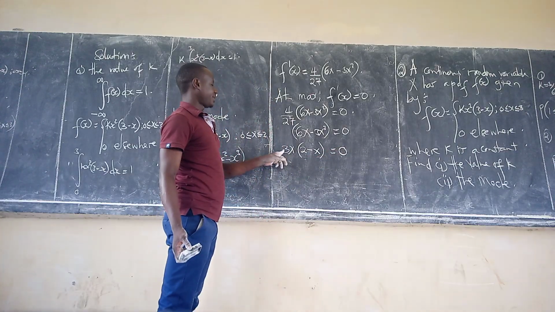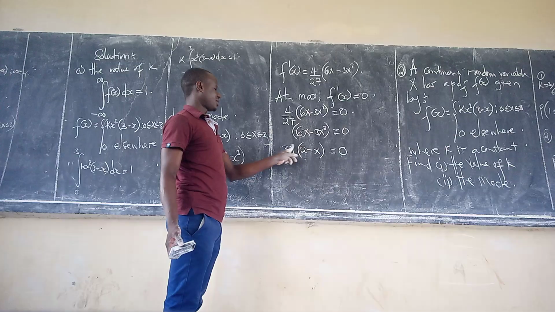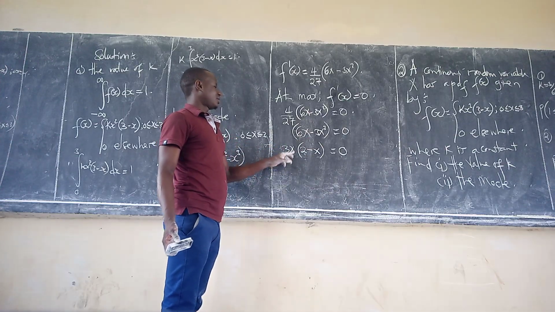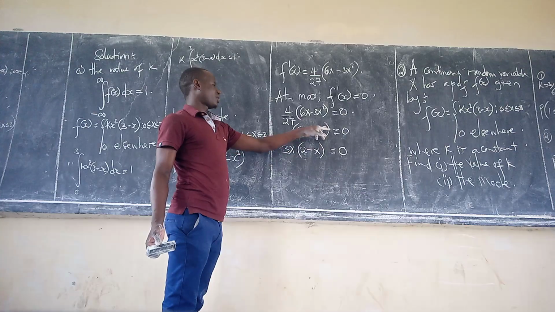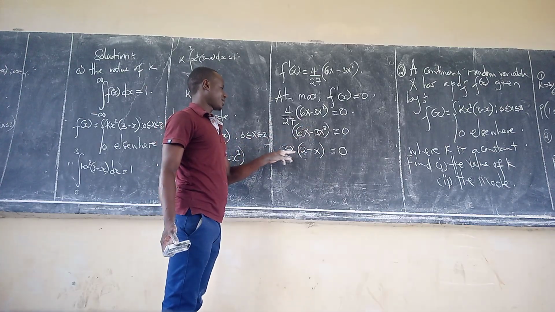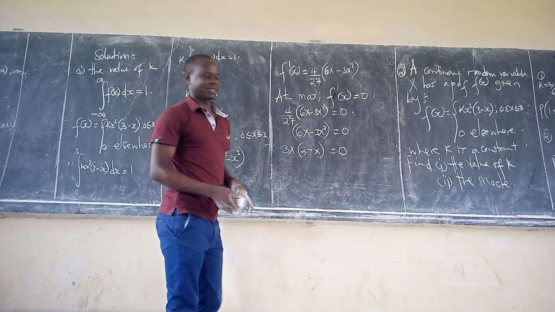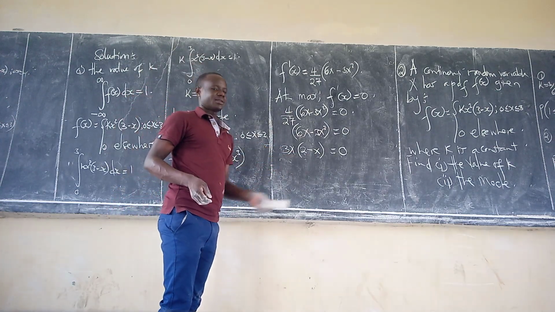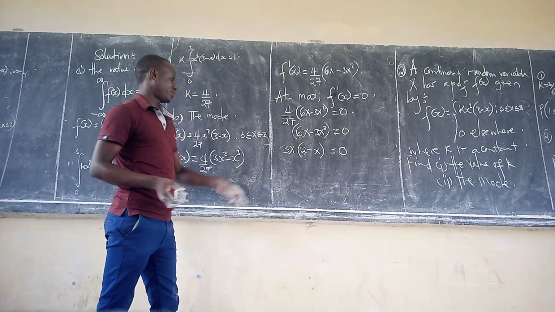After pulling out 3x, 6x divided by 3x, you get 2. After pulling out 3x, 3x squared divided by 3x, you realize that the answer is x, so it will reduce to that.